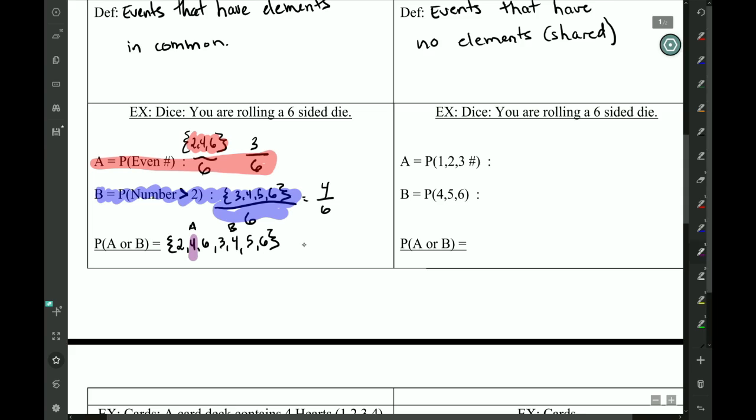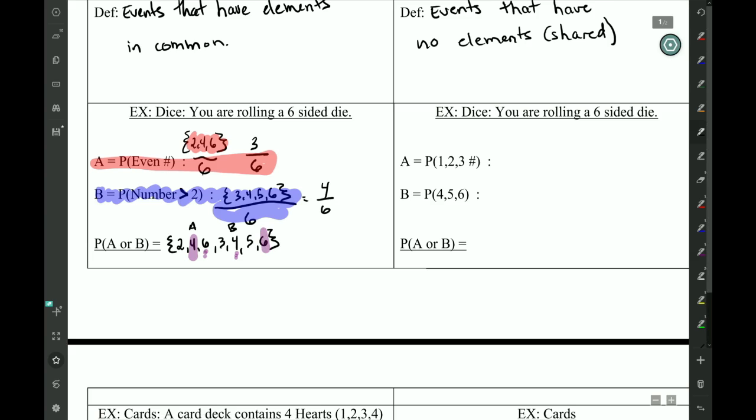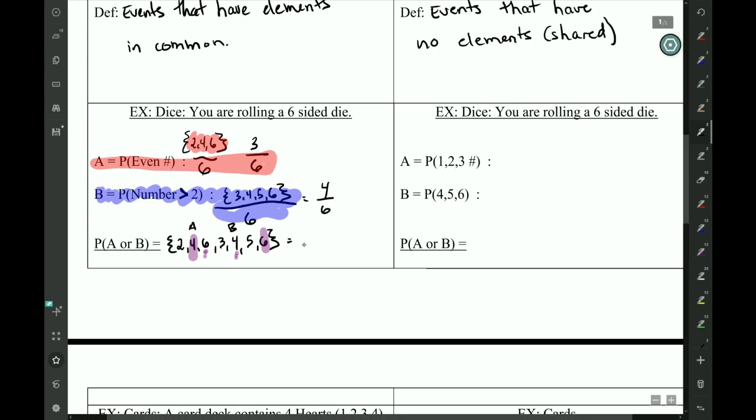We counted 4 twice, and we counted 6 twice. So we really have to subtract the number of things that intersect. Since we counted those twice, we're left with 2, 6, 3, 4, and 5.